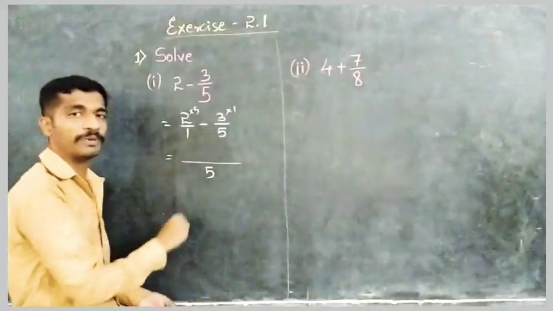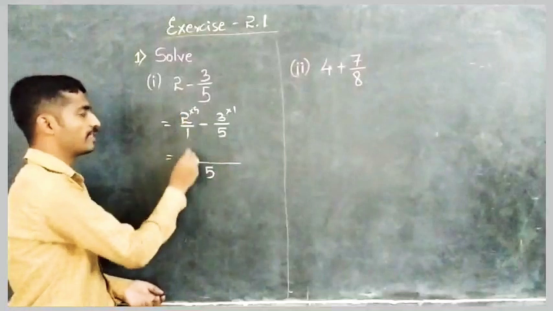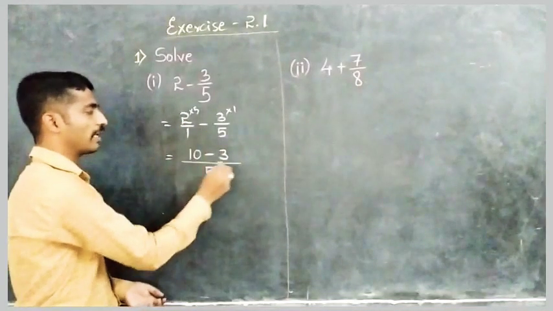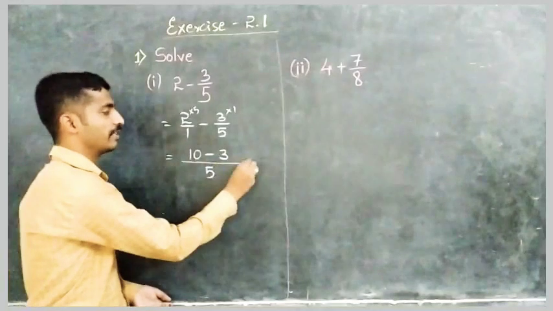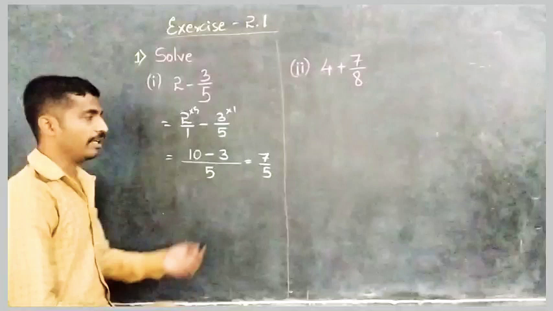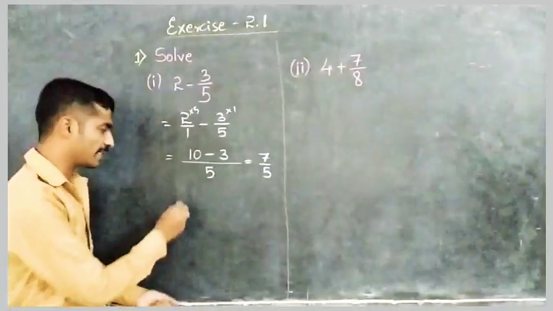1 will multiply with the next number, 5 will multiply with the first number. 2 5s are 10 minus 3 1s are 3. What is left? 10 minus 3. You get here 7 by 5. Okay, so now it is 7 by 5, improper. So keep it in mixed fraction.